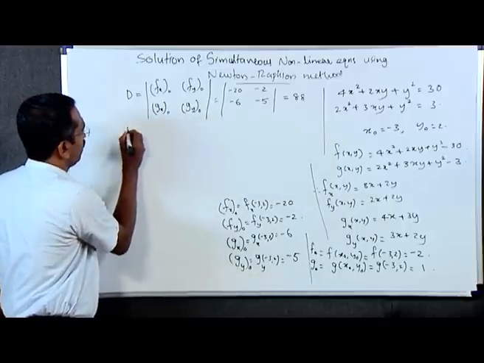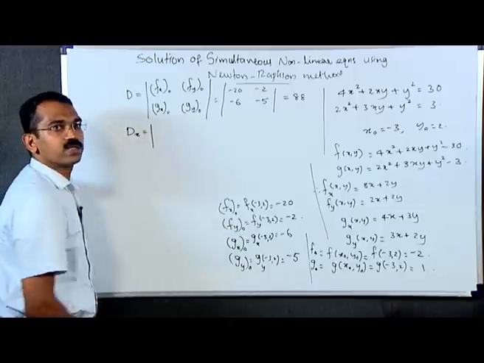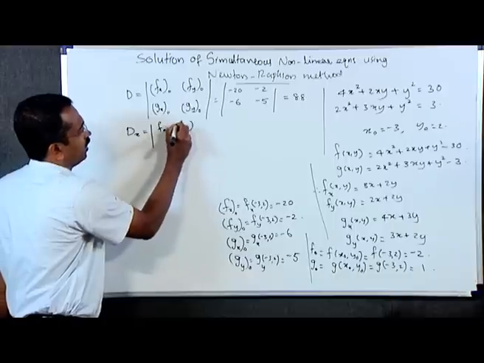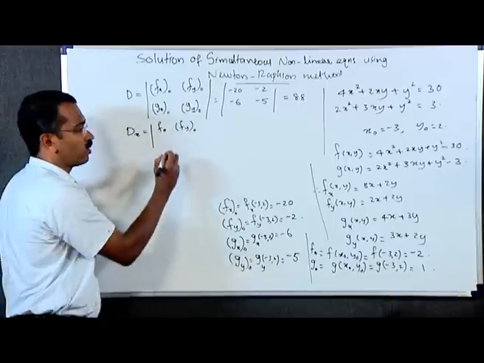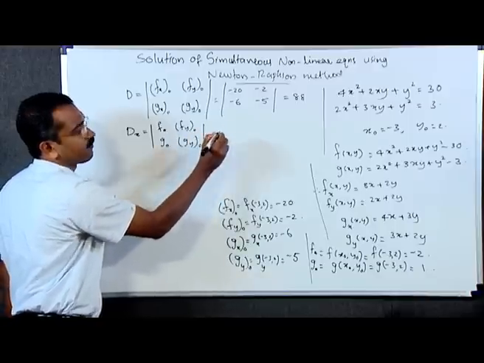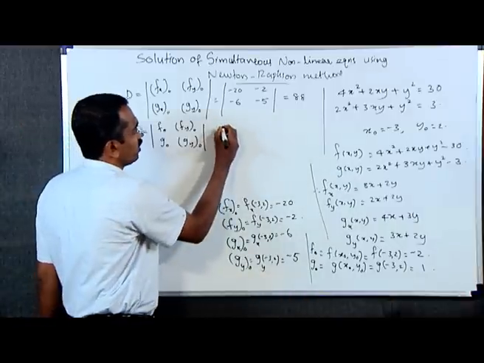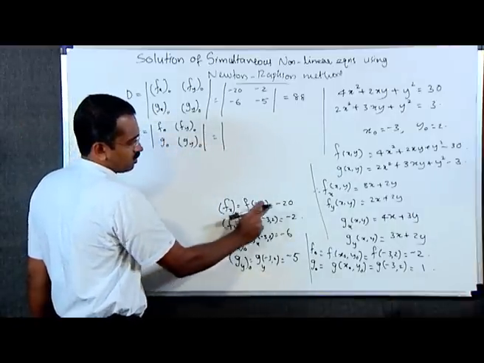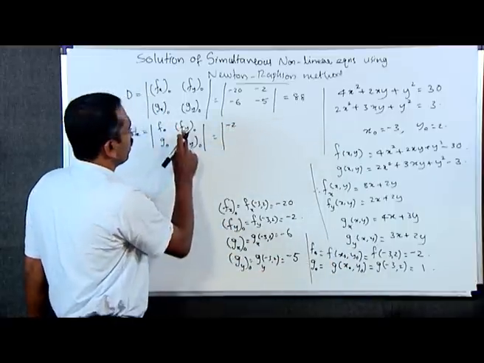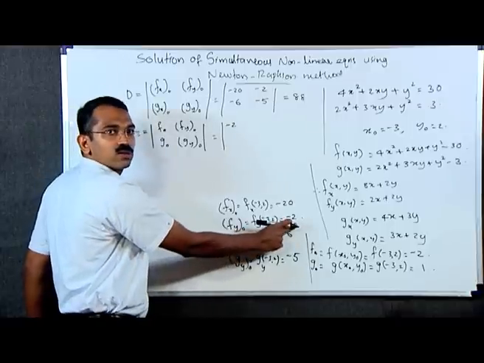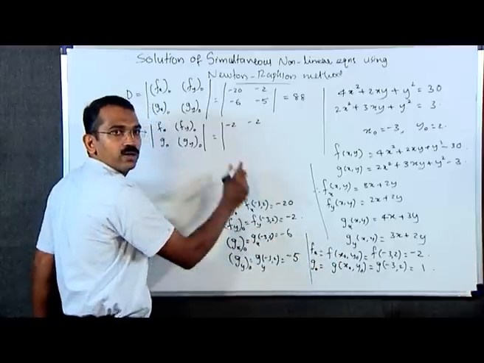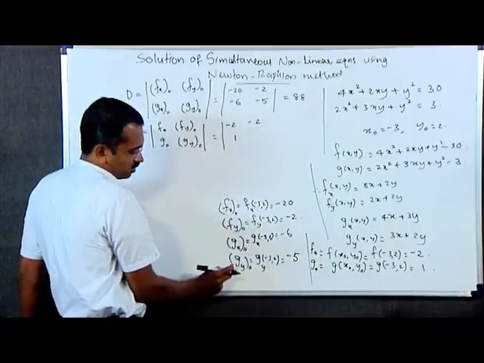Now, Dx is the determinant of f naught, fy naught, g naught and gy naught, which is the determinant of f naught is minus 2, fy naught is again minus 2, g naught is 1 and gy naught is minus 5.